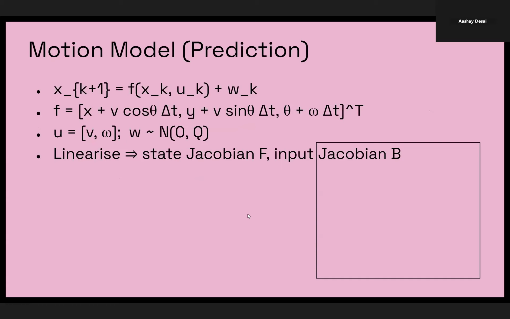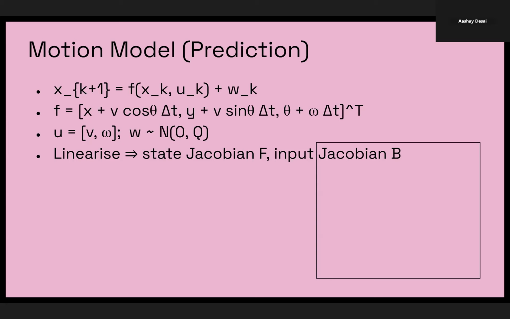For the prediction step, we use the classic unicycle kinematic model. Over a 0.1 second timestep, the robot moves v delta t in whatever direction it's facing and rotates by omega delta t. Because the cosine and sine make the model nonlinear, we linearize around the current estimate.